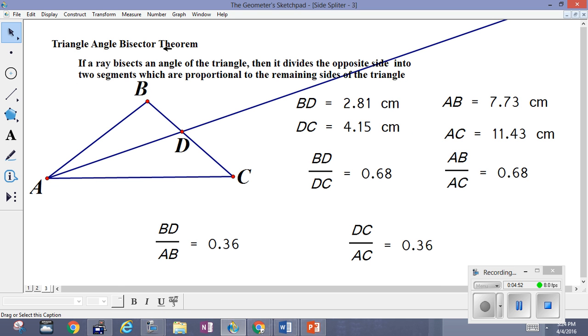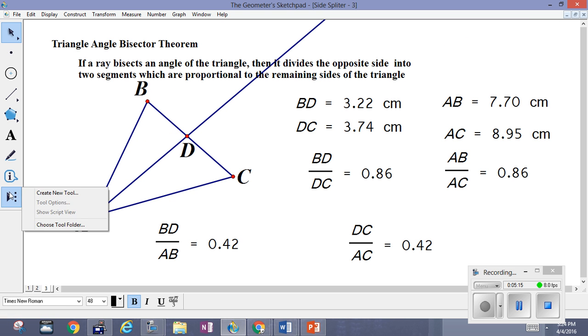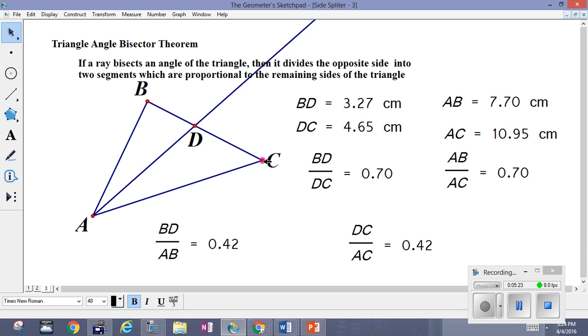So here's the triangle angle bisector theorem. Bisect one angle and it splits the opposite side into a ratio where the two pieces of the opposite side are in a ratio consistent with the comparison of the two remaining sides of the triangle. Or you can look at this as kind of a left and right side: BD is to AB as DC is to AC, and you can see that ratio is consistent either way.